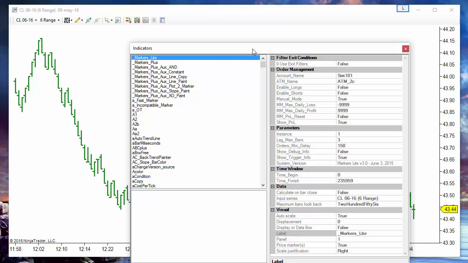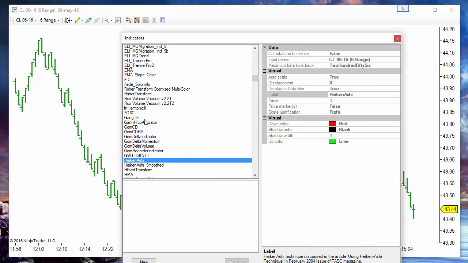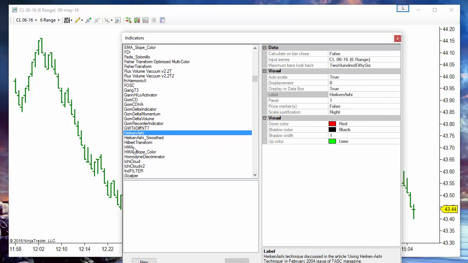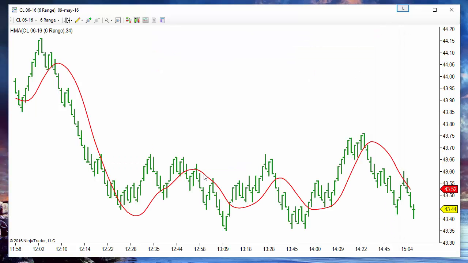We had viewed on previous videos how to use a fast moving average like the HMA, using the slope change to create entry signals. For example, sell when the slope starts going down and buy when it starts going up.